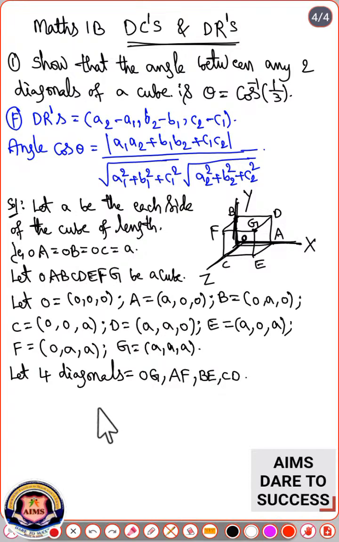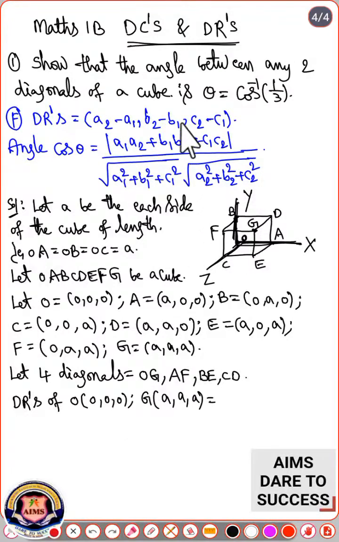Okay, my dears, we got 4 diagonals. So next we can find direction ratios of first diagonal OG. O value is 0, 0, 0, and G value is all are equal to A. So direction ratio formula is just A2 minus A1, B2 minus B1, C2 minus C1.